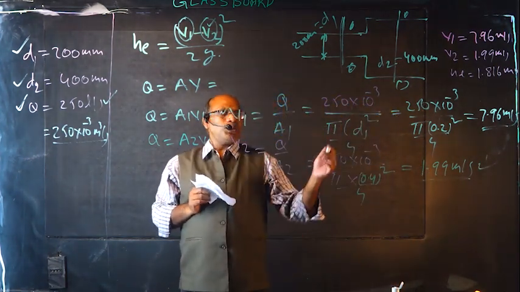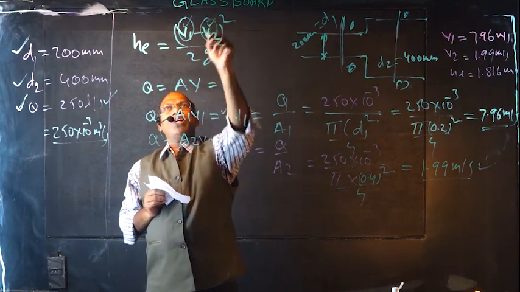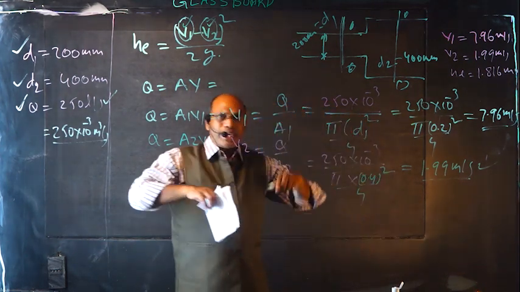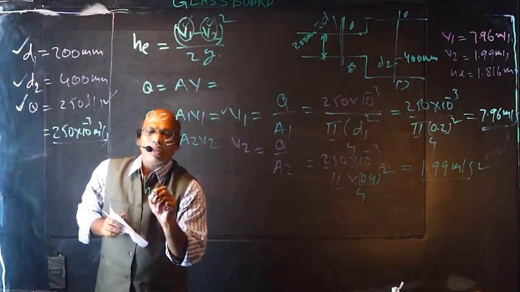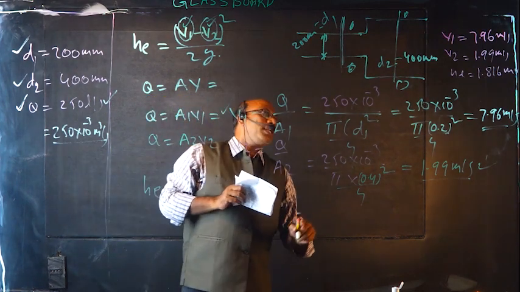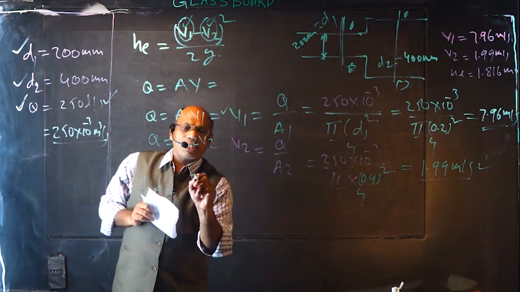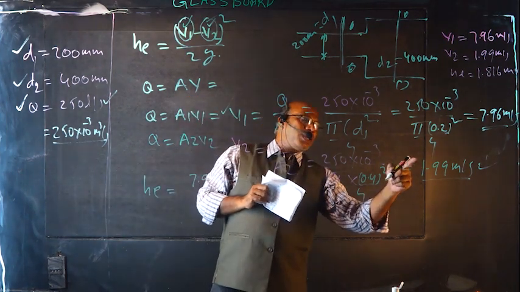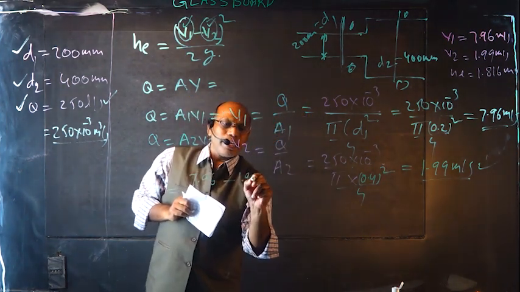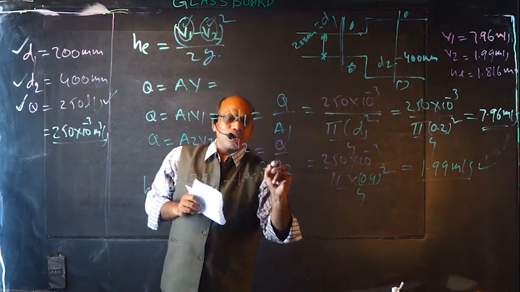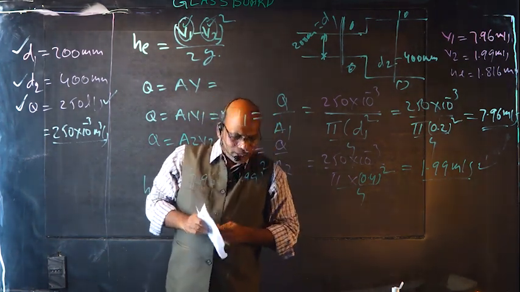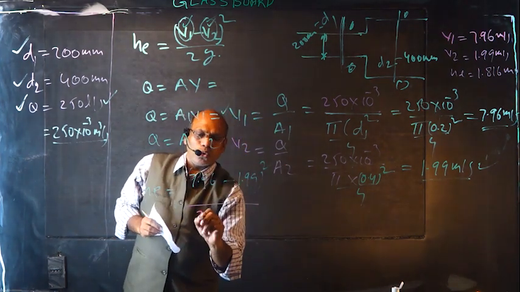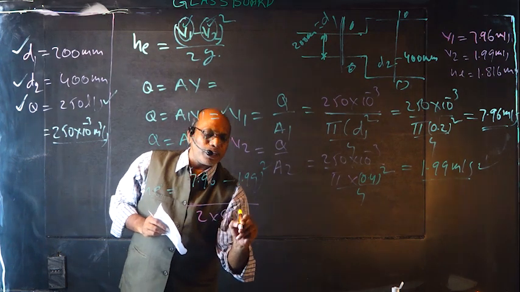Now we are going to substitute the values V1 and V2 in the standard equation. Therefore, head loss HE is equal to, what is V1? V1 is equal to 7.96 minus V2, what is V2? 1.99, whole square divided by 2g, 2 into 9.81.